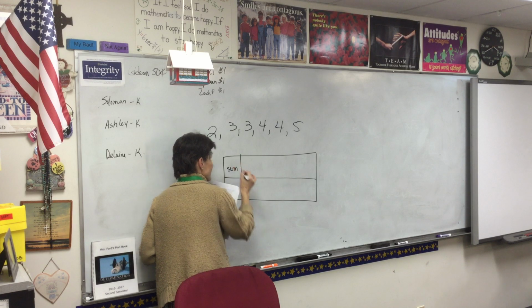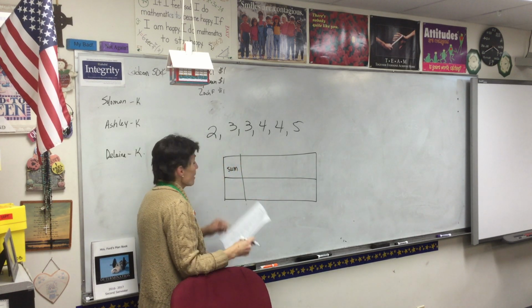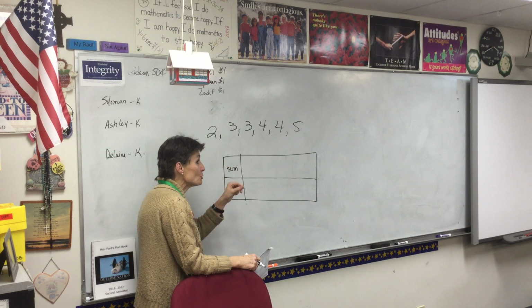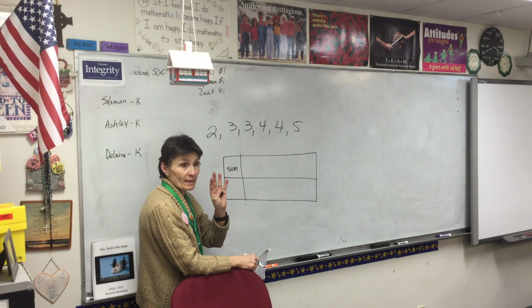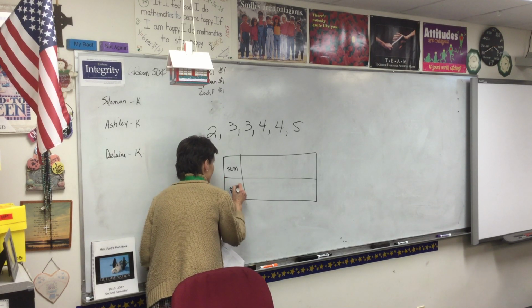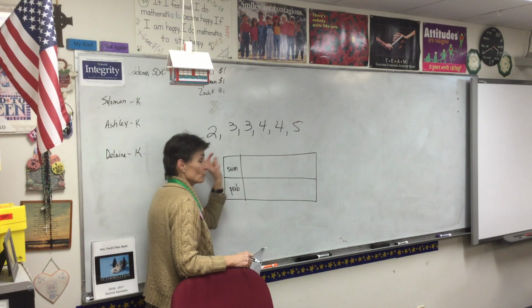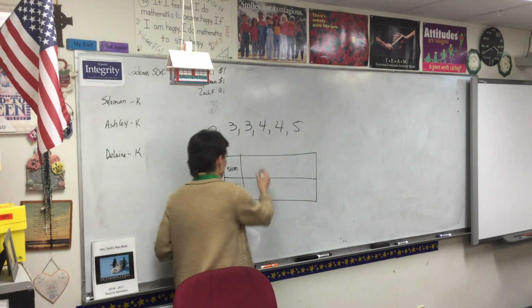I'll call it sum because I'm doing it twice. So let's say I roll it the first time and I get a 2, and the second time I get a 3. Then my sum would be a 5. And then this is gonna be the probability of it. So I'm gonna figure out all the outcomes, and then I'll be able to figure my probabilities.